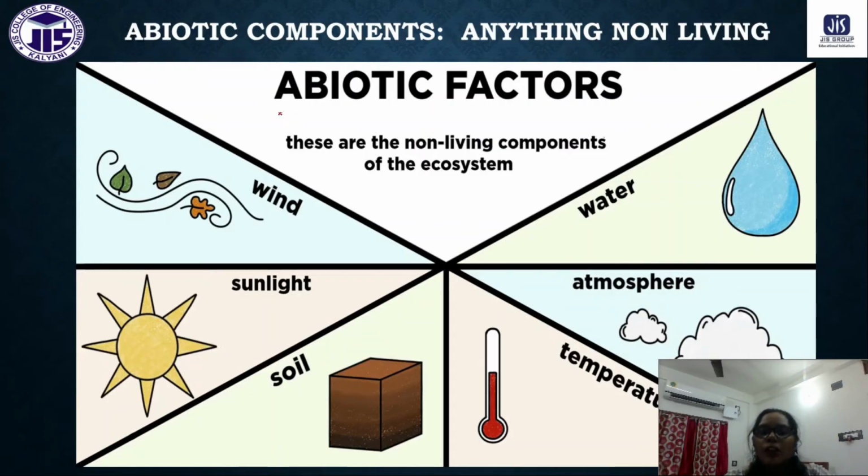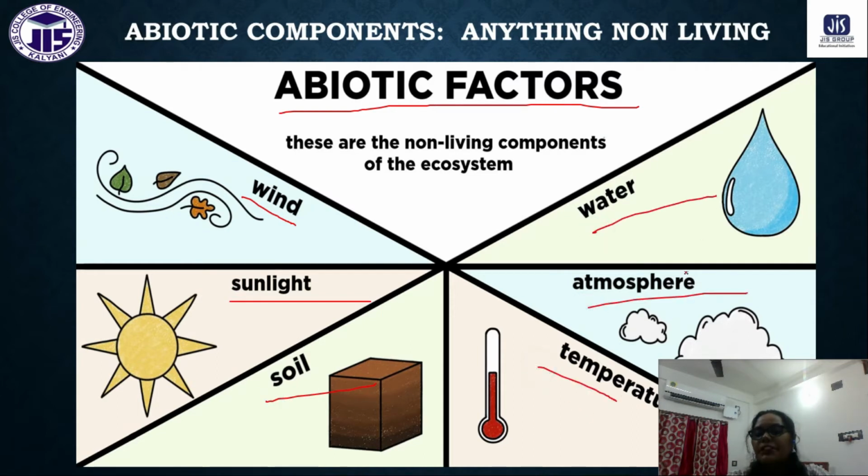Okay, so now abiotic factors. What are the abiotic factors we have? That is wind, sunlight, soil, water, atmosphere, temperature. These non-living components of the ecosystem are the abiotic factors.